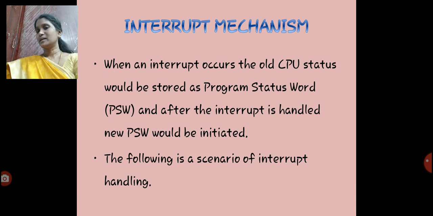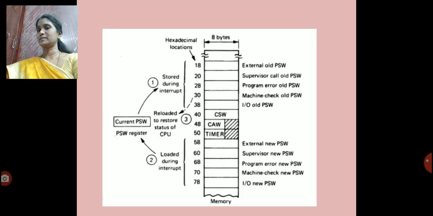So the processor is handling a process, an interrupt occurs, and the processor's current status is saved in the PSW. Then after handling the interrupt, the processor resumes its process with the new PSW.